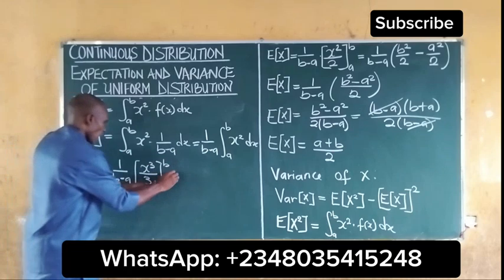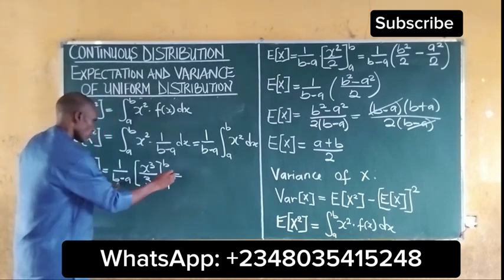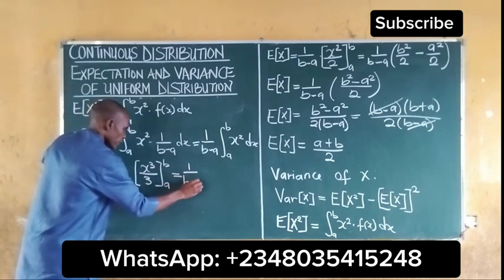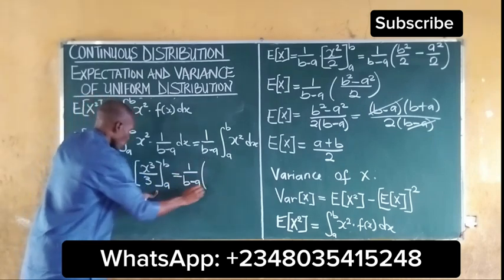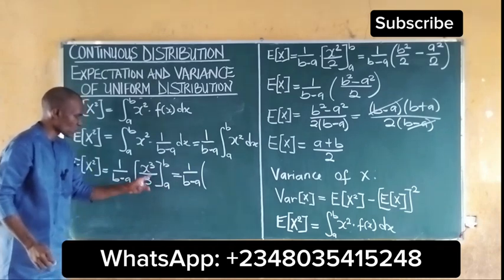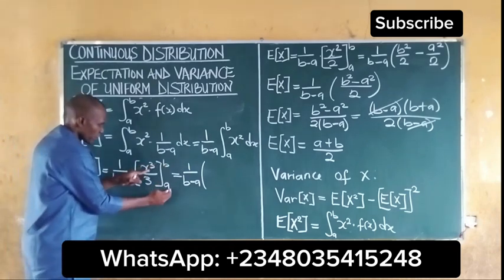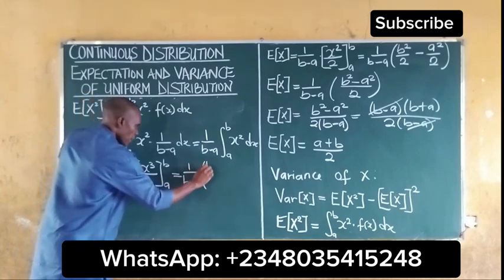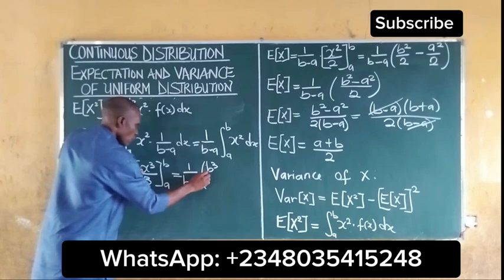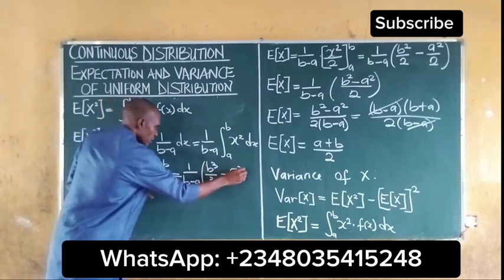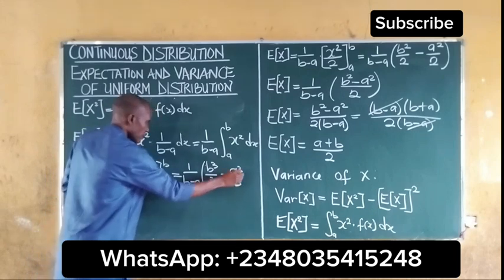Now, this can also give us 1 all over b minus a, and anywhere we see x, we put b, and anywhere we see x, we put a, to remove this interval. So we have b cubed all over 3 minus a cubed all over 3.